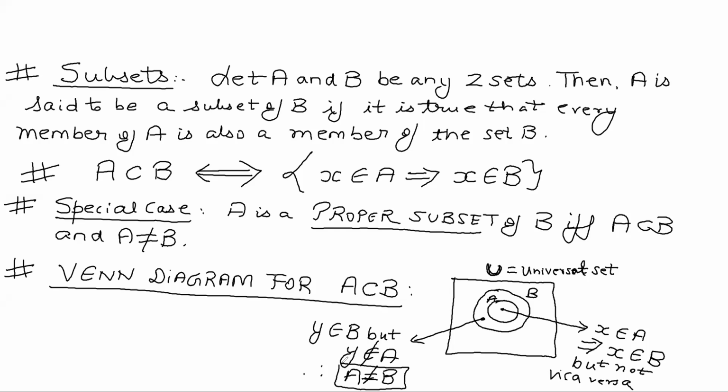When I talk about equality, the two sets have exactly the same elements. But when I talk about subset, A is said to be a subset of B if every element in A also lies within B, but not necessarily vice versa. So I hope all students are clear with the definition of subset, how we represent it, the special case, and the Venn diagram.